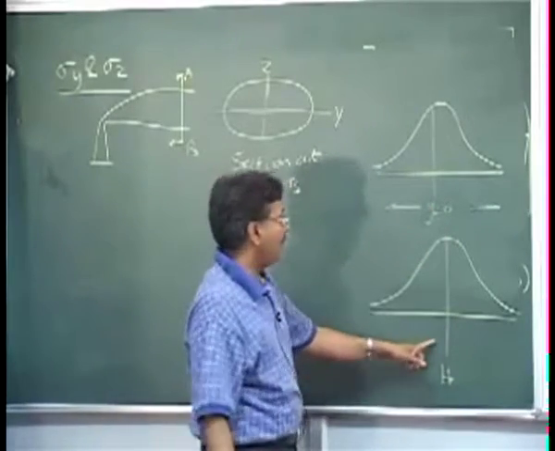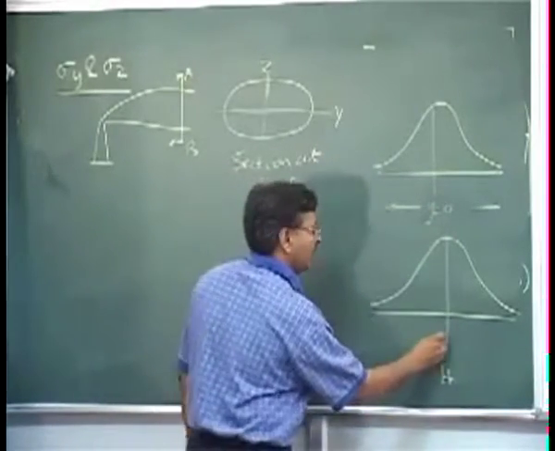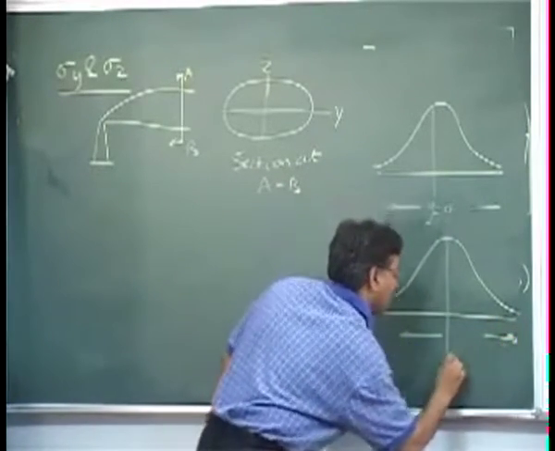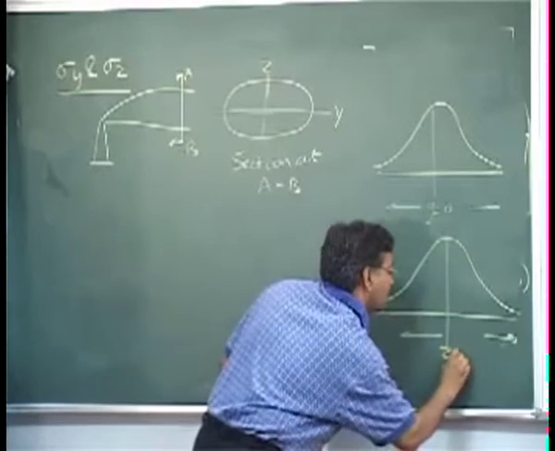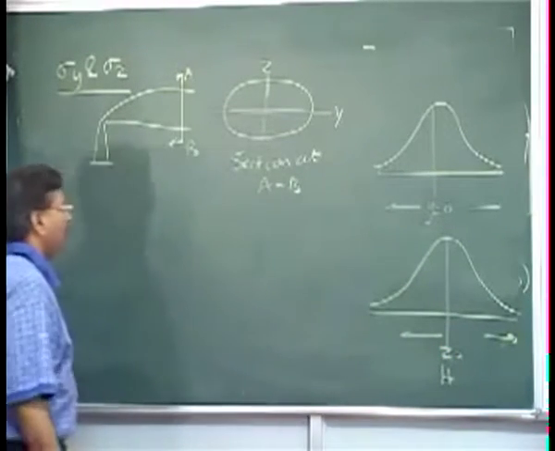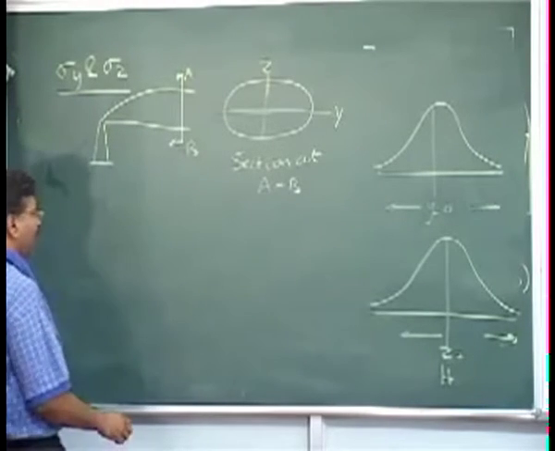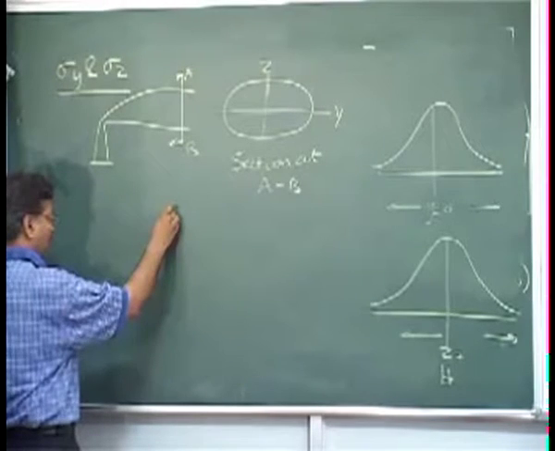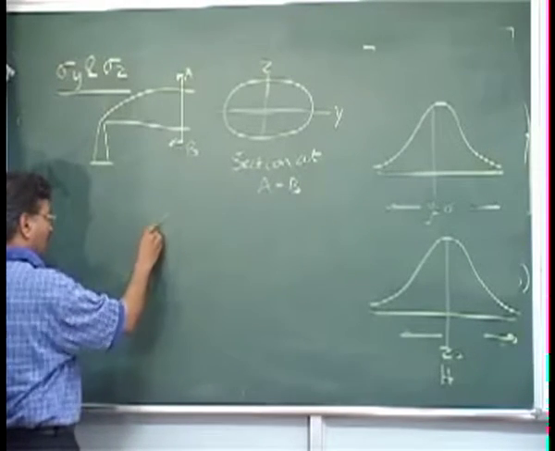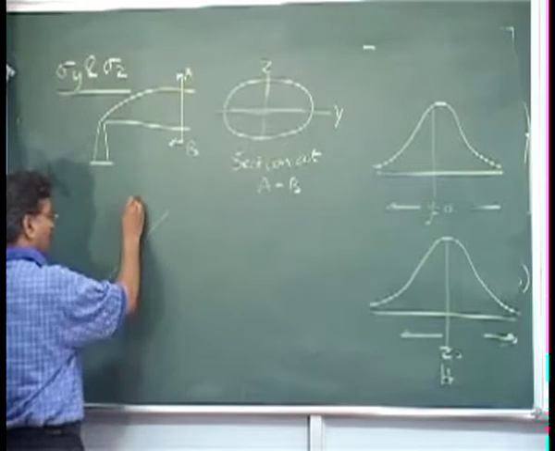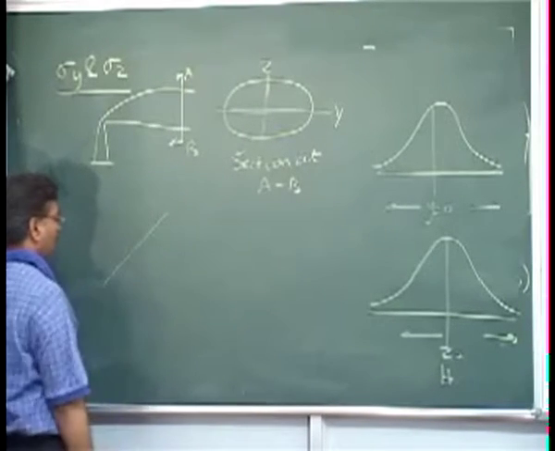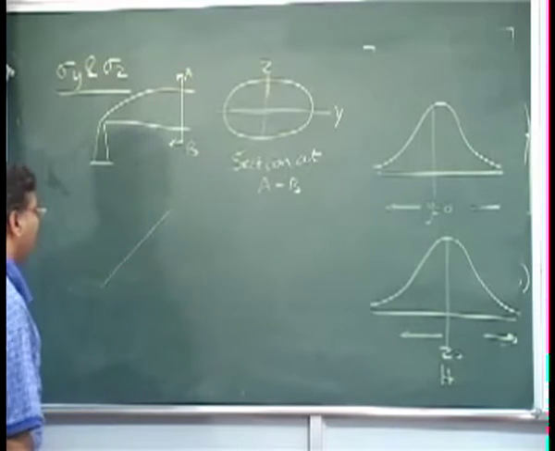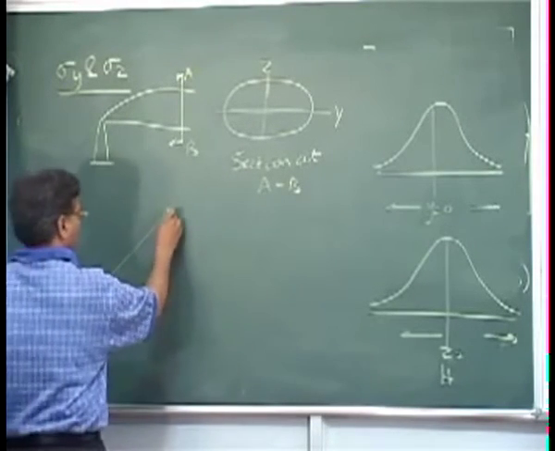And here my Y is constant and I am varying the Z. So this is my Z, which equals H. I will try if I can draw this one. It is not so easy to draw, but let us see.